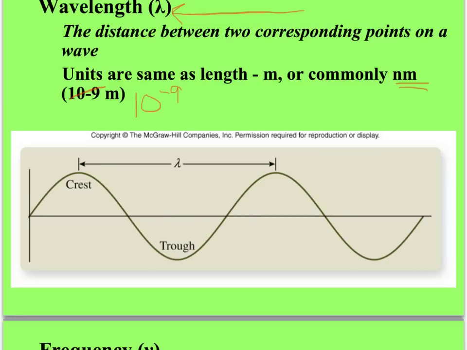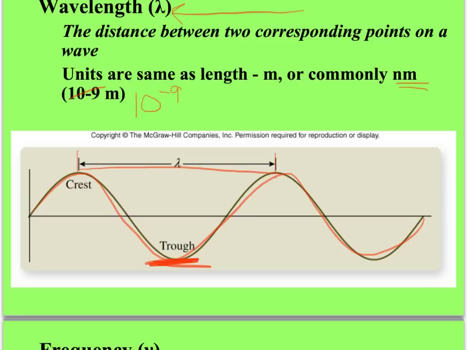Now, the way they measure wavelength is from a similar point to another similar point on the wave. Here's the wave going like this, and if you go from crest to crest, crest is the top part, the highest part of the wave, and the trough is the lowest part of a wave. If you go from crest to crest, from here to there, that's the wavelength.